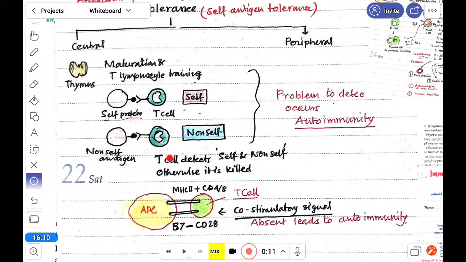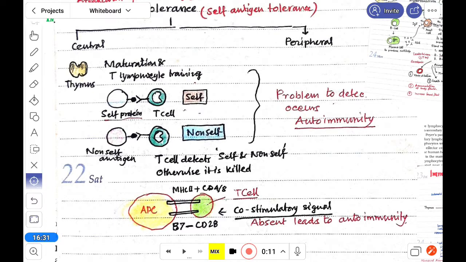The self and non-self are detected, but after that there is some malformation of the T lymphocyte in that training, so that they cannot detect self and non-self.